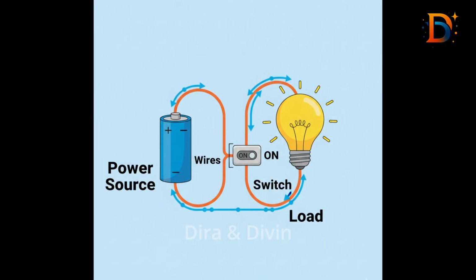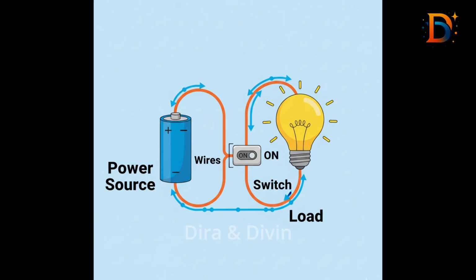So, what do we need to build a simple circuit? There are four main parts. Power source. This is what gives the electrons their energy to start moving, like a battery. Wires. These are like the roads or paths that the electrons travel along. Load.